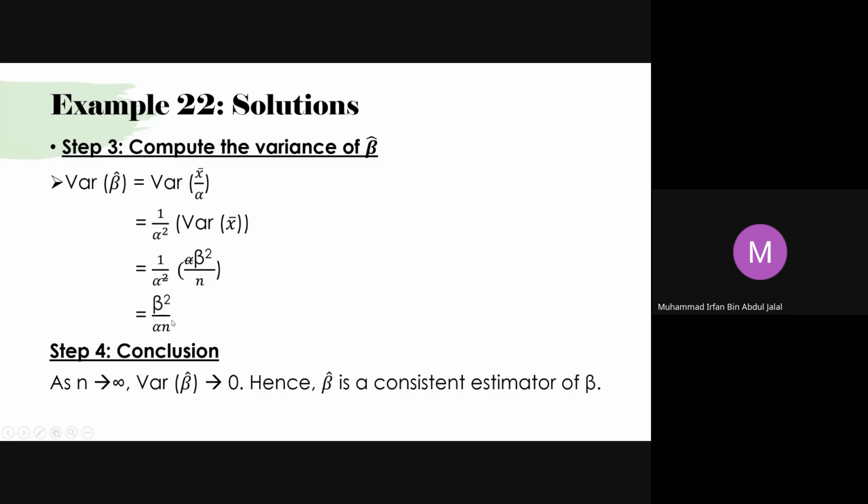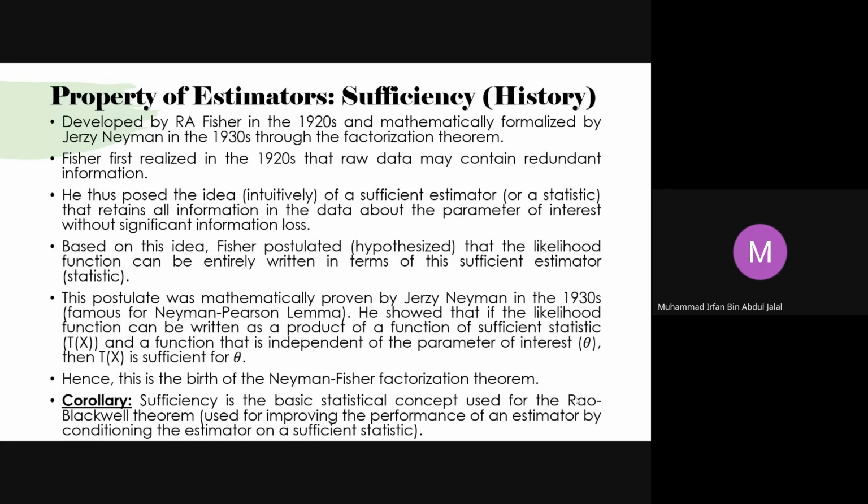As a conclusion, if you increase the sample size n to infinity, as the sample size grows larger and larger, because you fix these quantities beta squared and alpha, since they are not random variables but parameters, the variance approaches zero. Hence, beta hat can be considered a consistent estimator of beta. Okay, so those are the solutions for the final questions.